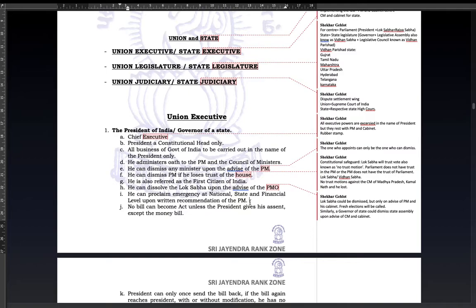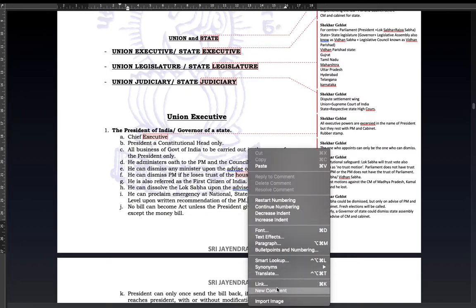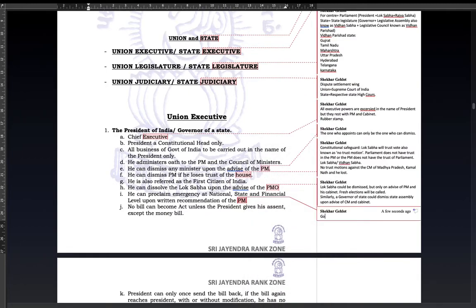Here if we compare him with the governor, the governor has no such powers in relation to the state. Okay, governor has no such powers. Governor cannot proclaim emergency in the state.